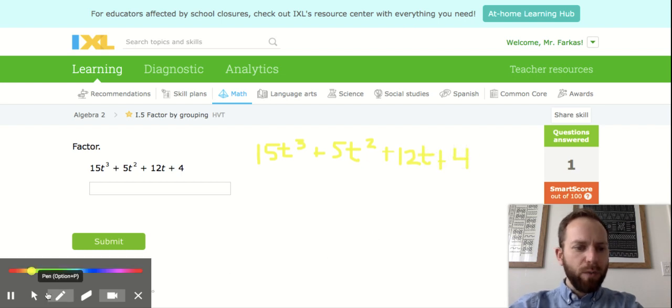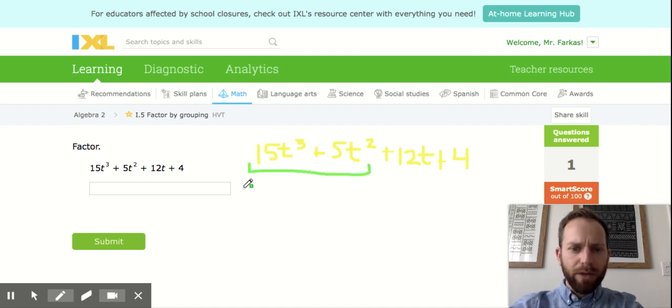All right, let's think. What's the greatest common factor of this first group? Well, we can factor out a 5 and 2 of the t's. So now let's think, what times this makes the first term? 5 times 3. And t squared times what? T squared times t.